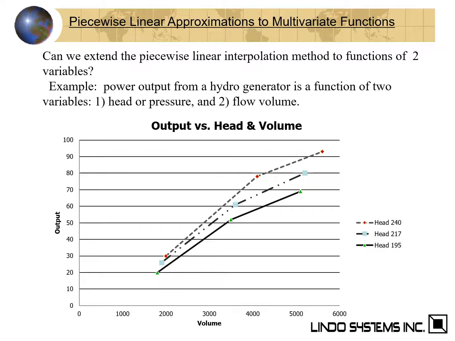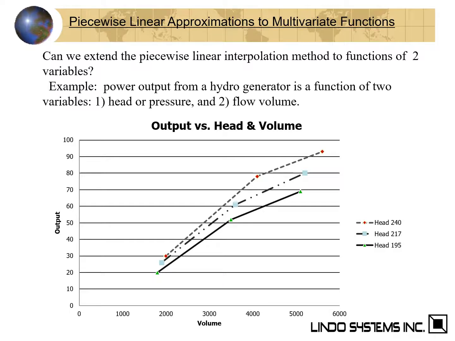The 2 inputs are, one, the volume of water that you're allowing to flow through the turbine on a particular hour. The other input is the head, the pressure that is available at that particular hour.